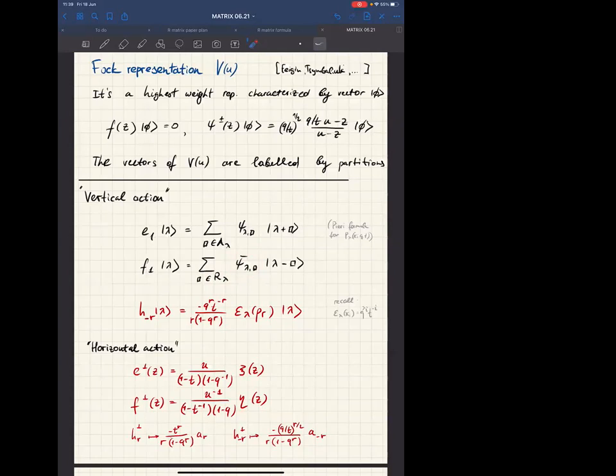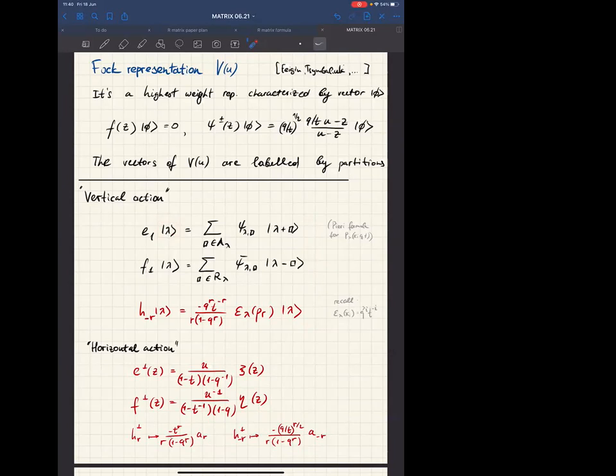And finally, the Heisenberg operators, which commute with each other, act diagonally on this basis, and the action is given by the same specialization of the power sums as I mentioned earlier. This specialization takes x_i to q^lambda_i t^(-i). And from this description, we can conclude that these vectors can be identified with Macdonald symmetric functions.